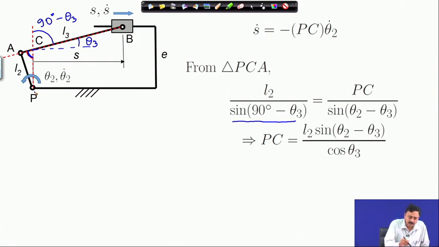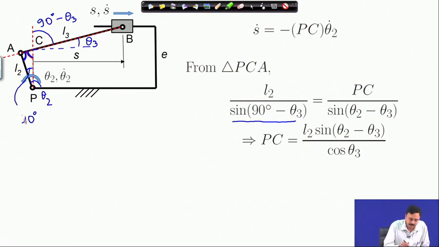divided by the sine of the angle opposite to it. So, this is the angle which you can very easily relate as theta 2 minus theta 3. How? This angle is theta 2, this angle is theta 2. So, therefore, this angle is 90 degree minus theta 2. So, this angle is 90 degree, so theta 2 minus 90 degree.